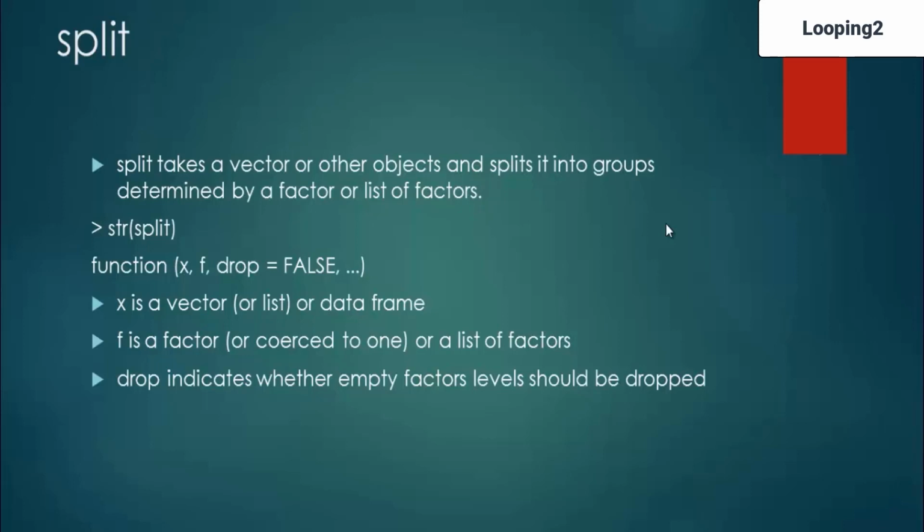Doing a str of split, it will tell you it's a function which contains the parameters x, f, and drop equal to FALSE. x is the vector, list, or data frame that is being passed in, and f is a factor or a list of factors. drop indicates whether empty factor levels should be dropped or should be considered.